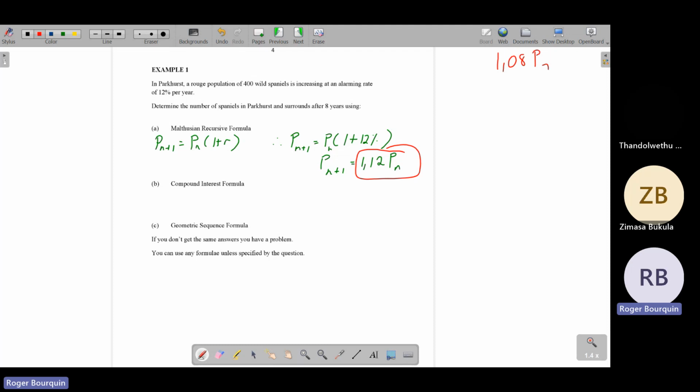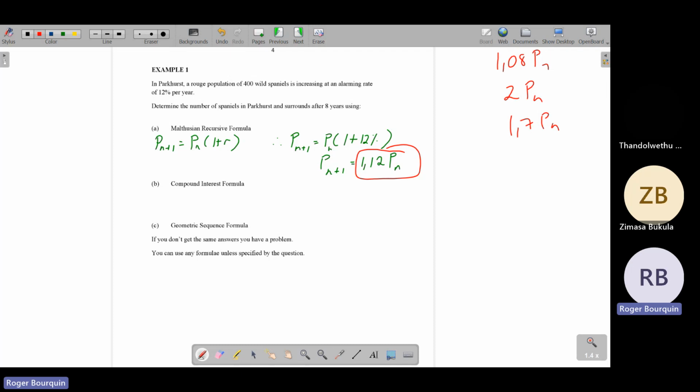If I had 2 Pn, what's your population growth rate? 100% growth rate, right? Does that make sense? It's worth remembering that. If I had 1.7 Pn, what's your growth rate? 70%, really. And that was in finance as well. Okay, so it can just help you.